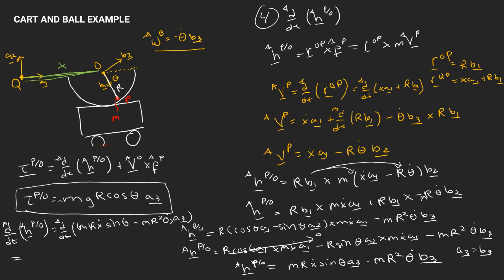All right, and so here we use the product rule, so we're going to get m r x double dot sine theta A3, and then we get plus m r theta dot x dot cosine theta, and then we take the derivative of A3, and then we take the derivative of this last term here, and so this is negative m r squared theta double dot A3.